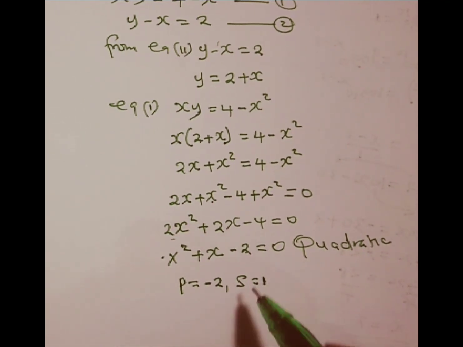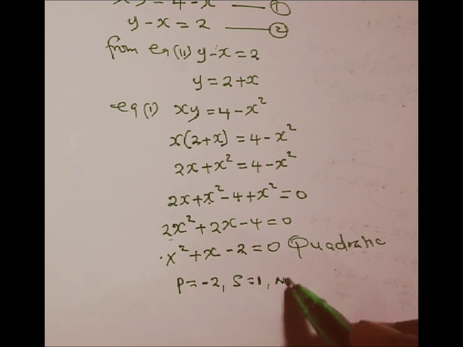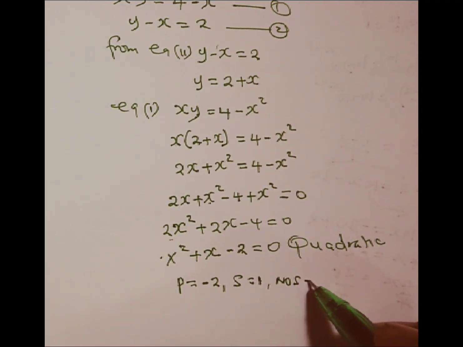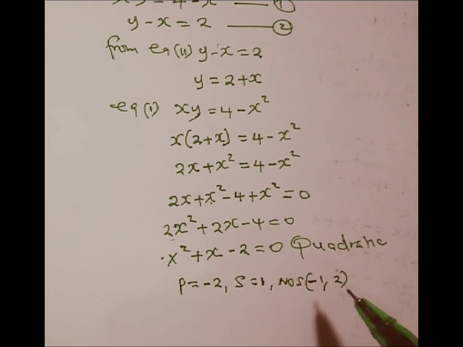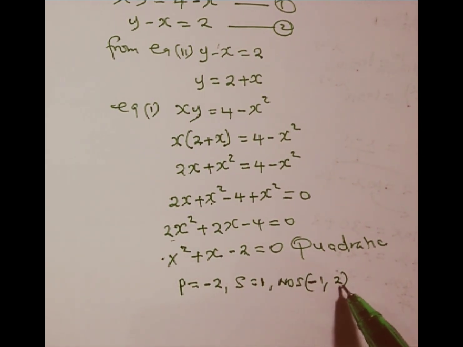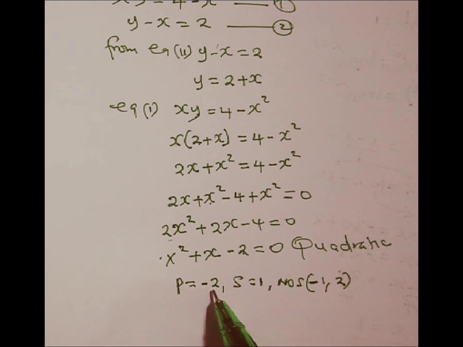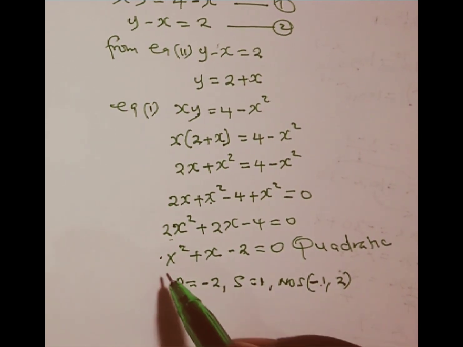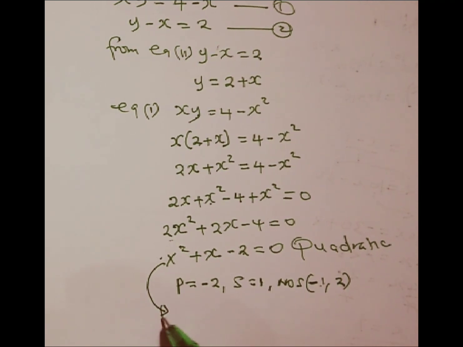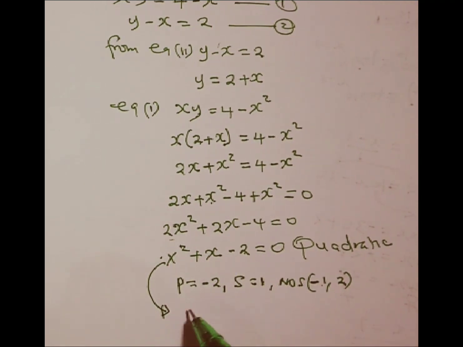In this case, the numbers we are going to have will be negative 1 and positive 2, such that if you take negative 1 times 2, you get negative 2, and if you take negative 1 plus 2, you get positive 1. Having done that, we come and write our equation.